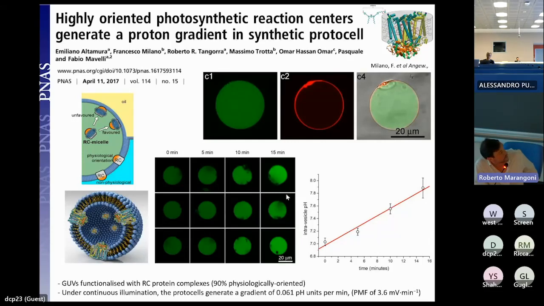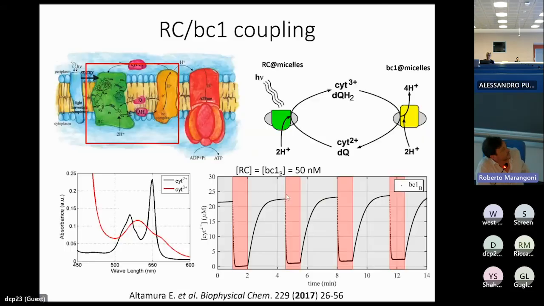In this case, we used an excess of electron shuttle used by the RC, because we don't have the other enzyme, the bc1, that works coupled in a photocycle.